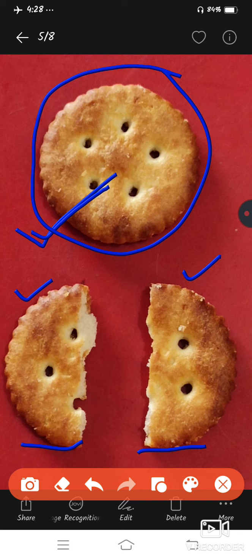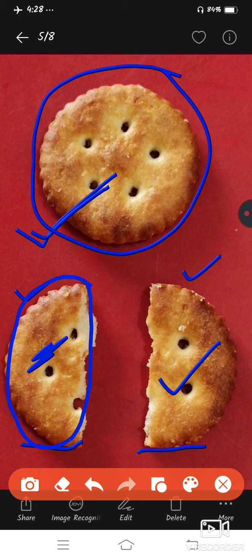Suppose I take one part, this is mine, and the other part I give to my brother. So the part which I have is nothing but what?